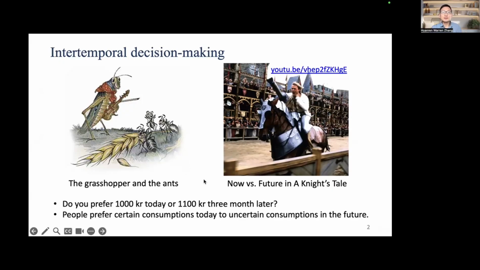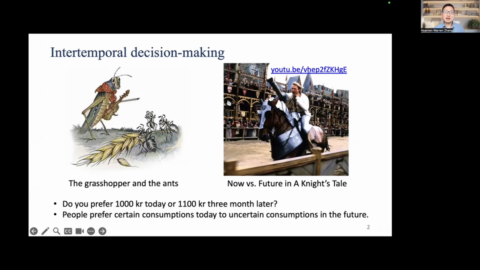And then here is a video clip you can watch on your own. It's just the trade-off between now versus the future in a night tale. A team, the main character in this movie, just won some award, and some of the teammates want to use the money to buy some food and drinks, alcohol, so that they can enjoy life.